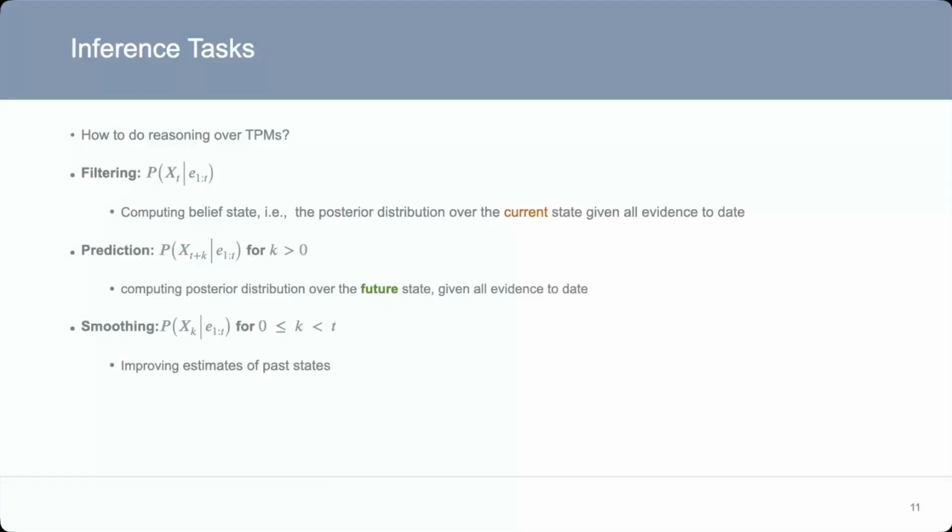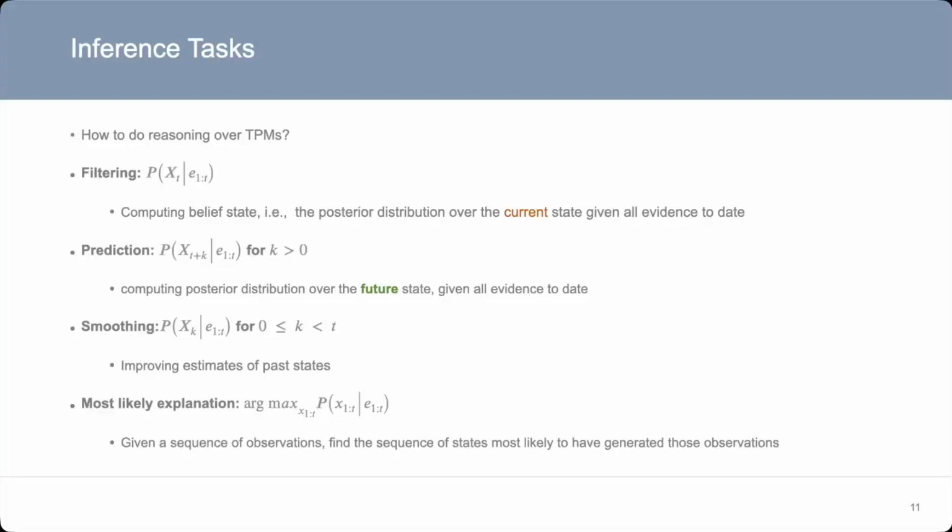That is, we compute the probability of xk given e1 to t for k less than t. And finally, we can compute the most likely explanation, which says that given a sequence of observations, we have to find the sequence of hidden states most likely to have generated those observations. Mathematically written as argmax over x1 to t of P(x1 to t given e1 to t).